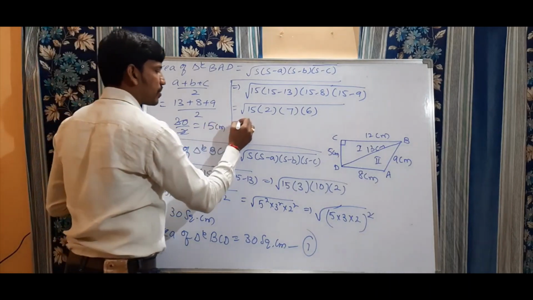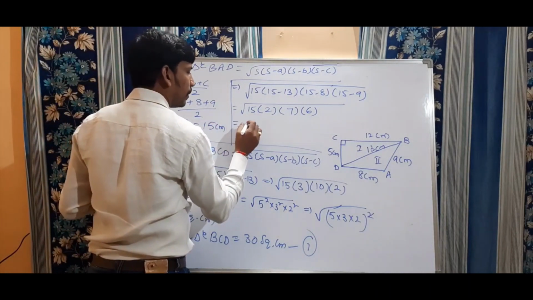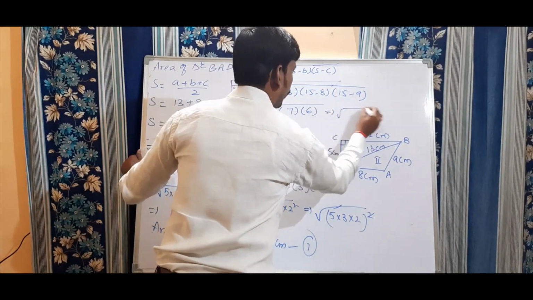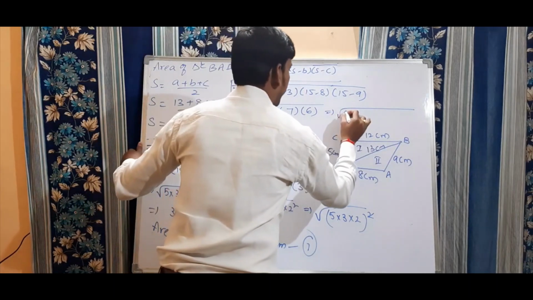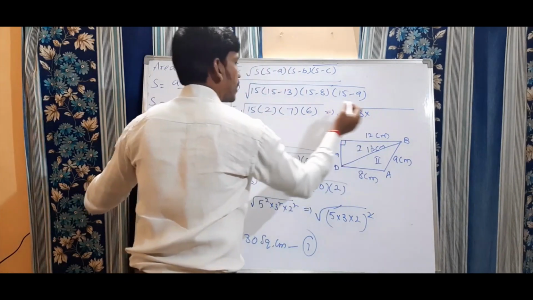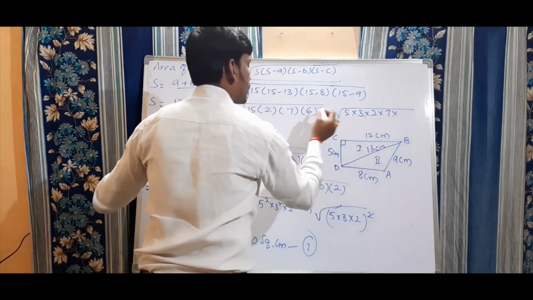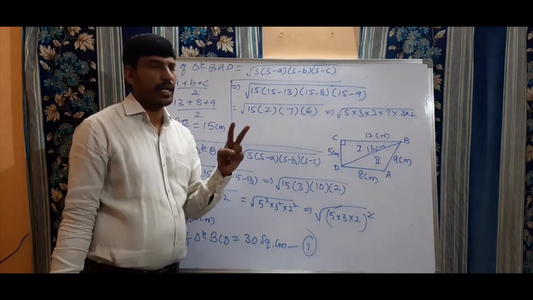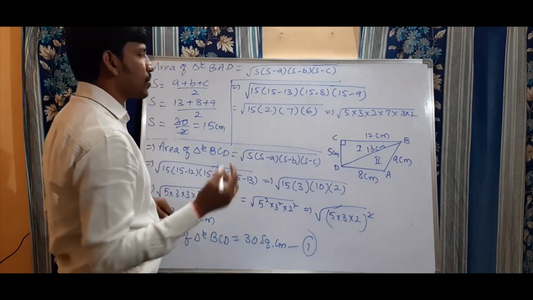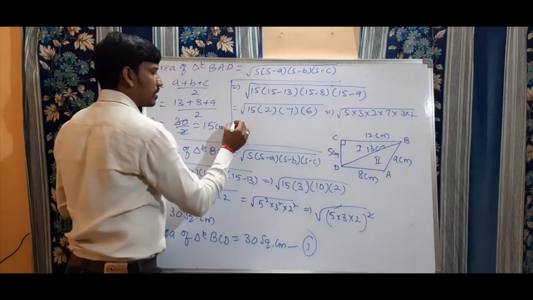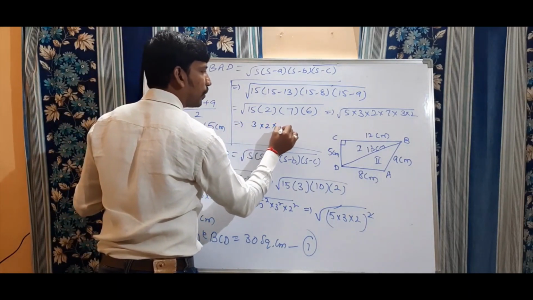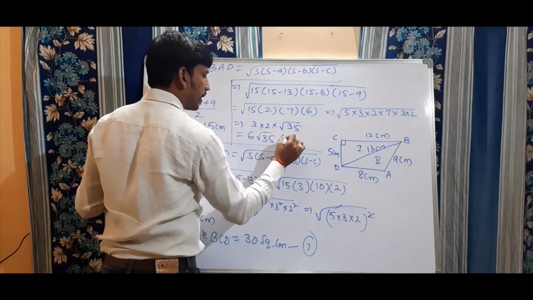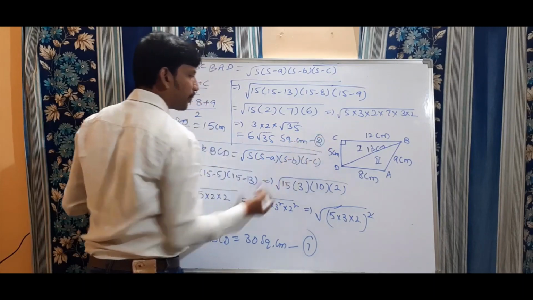So under root of 15 is 5 into 3, 2 is 2 only, 7 is a prime number, and 6 can be written as 3 into 2. Now see this, there are two 3s and two 2s, those will come outside. 5 into 7 is 35, which implies 3 into 2 into root 35, so 6 root 35 square centimeters. This is equation number 2.